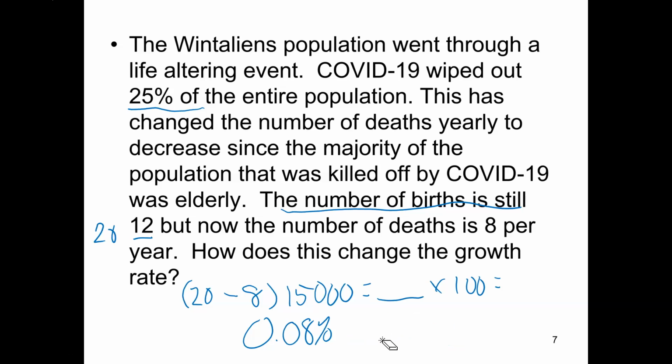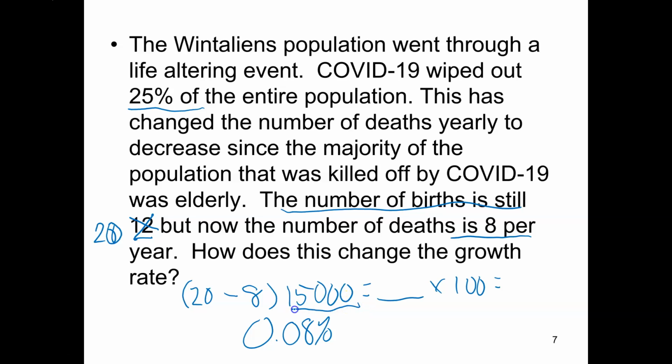So this number was the wrong number. That number was actually the original number of deaths, but we've decreased the number of deaths to 8. The number of births is still the same, which is 20 births per year. So if we have 20 births per year and now we only have 8 deaths per year, we have increased the number of lives being produced.